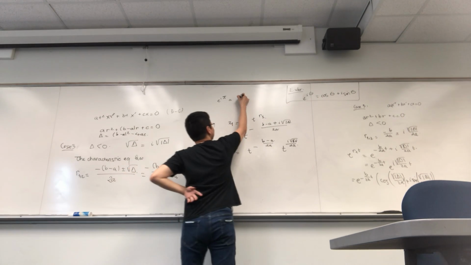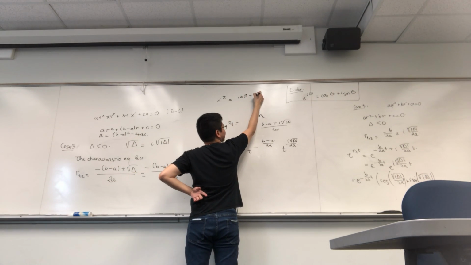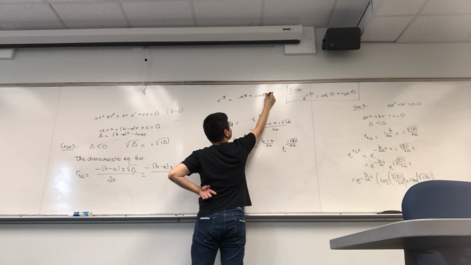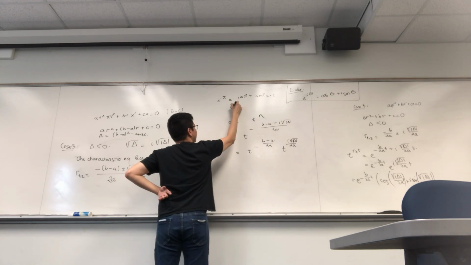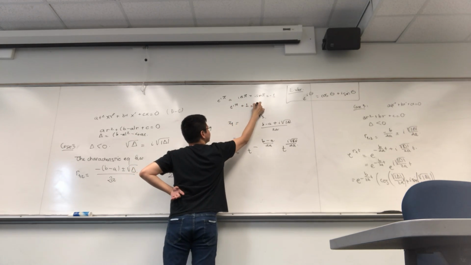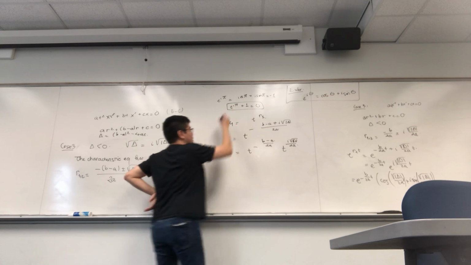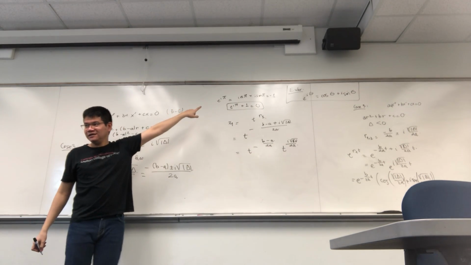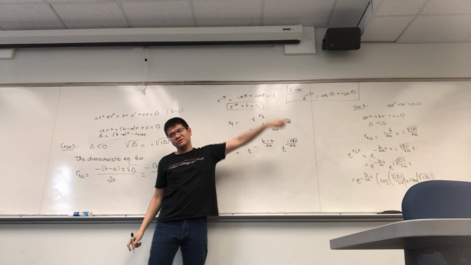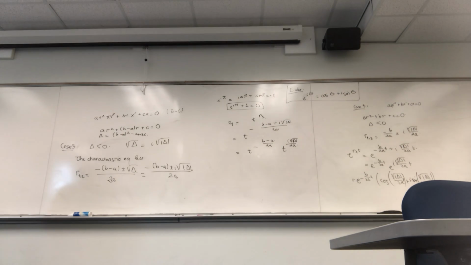I get cosine of pi plus i sine of pi, and this is minus 1. So I have e to the i pi plus 1 equals 0. In this formula you have e, pi, 1, and 0, so you have everything in mathematics in one equation. This is why it's called the most beautiful formula in mathematics: the number e, the number i, the number pi, the number 1, and the number 0.